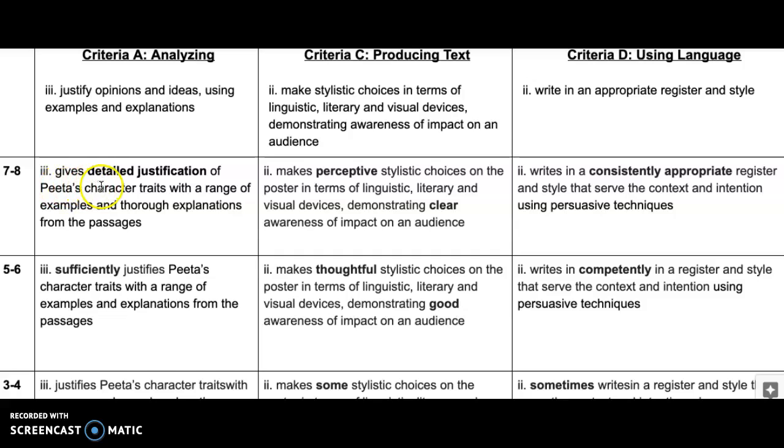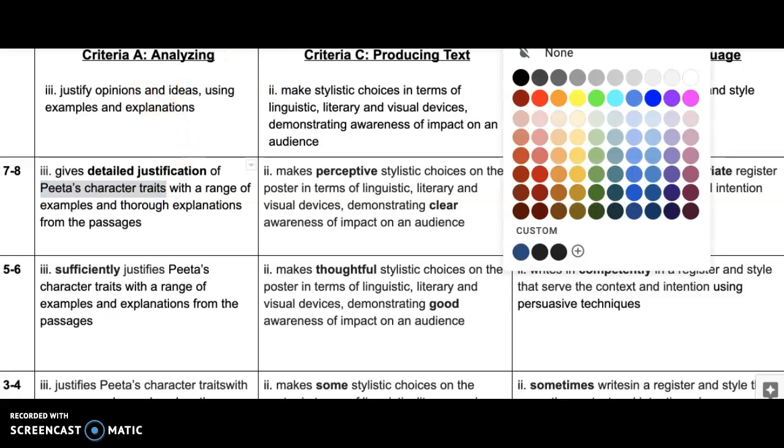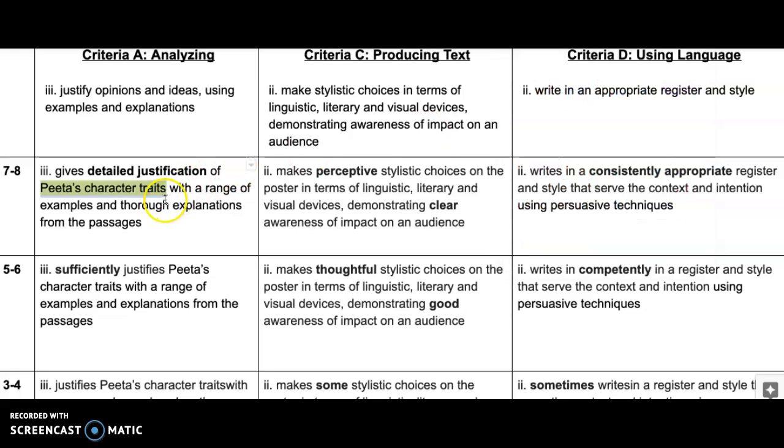It says, gives detailed justification of PETA's character traits with a range of examples and thorough explanations from the passages. Go ahead and highlight that this is the sentence about PETA's character traits, because that's specifically what's being graded here. You created those sentences in Mastery Checks 2 and 3, and then you expanded on them in 4 and 5 Mastery Checks.